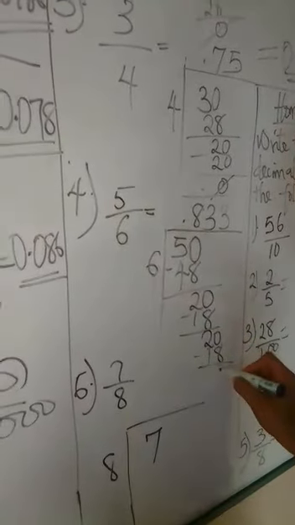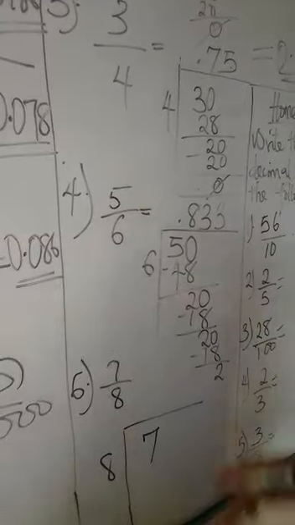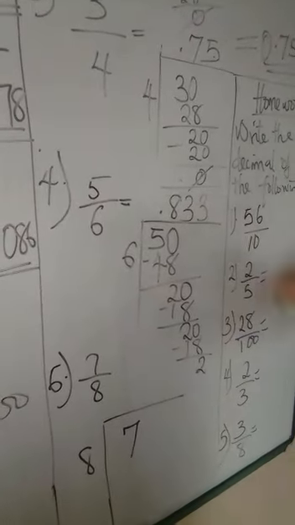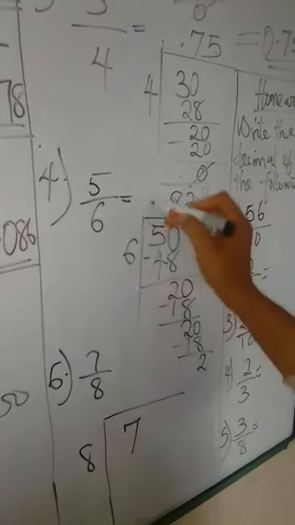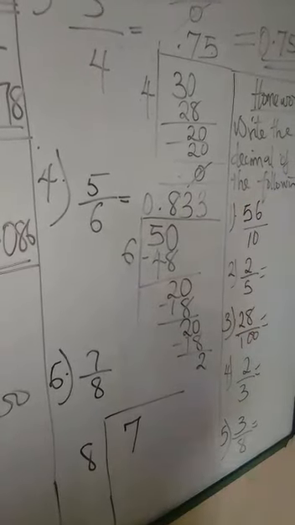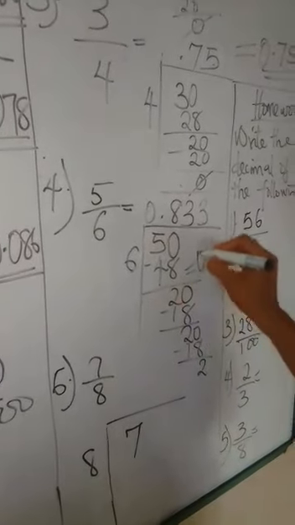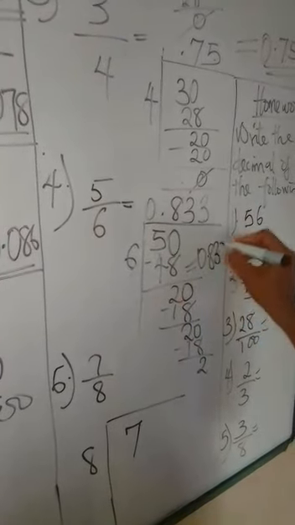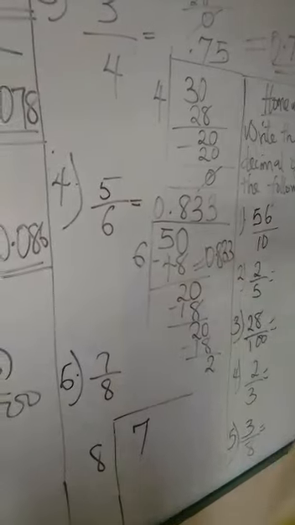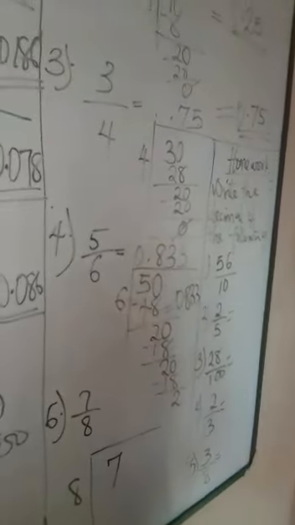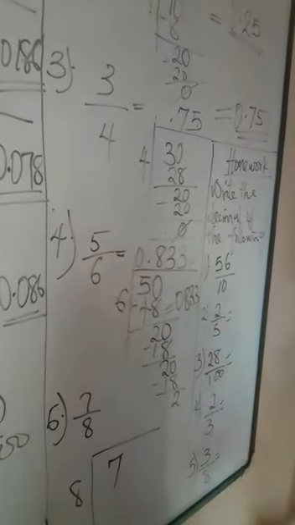I'll subtract and get 2. Now, if you continue like this, you'll find out that I'll keep getting 2, 2, 2. So this 3 becomes a recurring figure. My final answer here becomes 0.83333333. So it's called what? A recurring decimal.